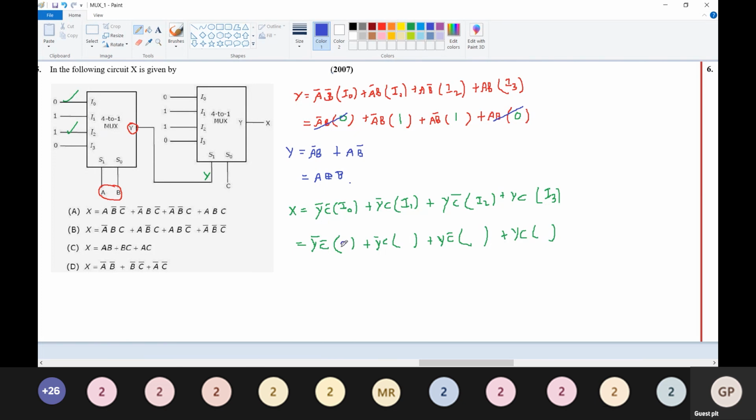I0 value is going to be 0 here. I1 value is 1, I2 value is also 1, I3 value is 0. So what happens? This is 0 and this is going to be 0. So it is nothing but equal to Y dash C plus Y C dash.